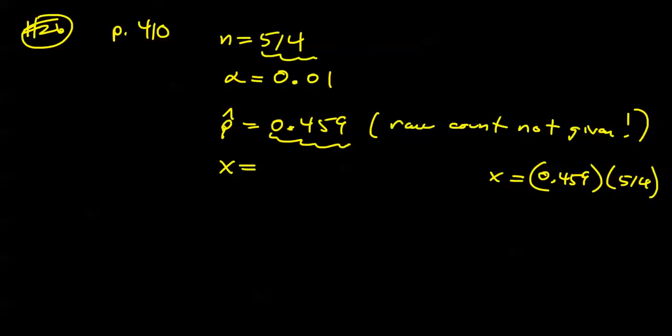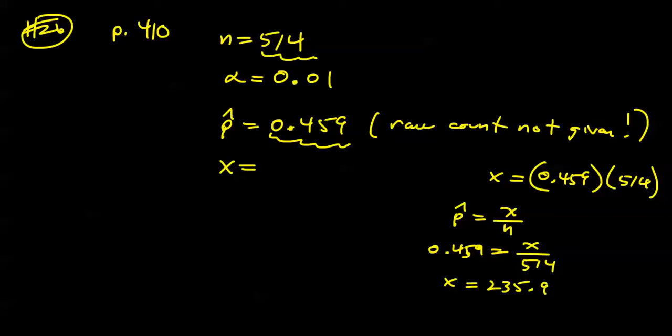Let me write that out again. Because p hat is your raw count over n, right? Well, we know p hat is 0.459, our sample proportion. X, we don't know the raw count, and n is 514. We can certainly solve this equation for x pretty easily. X will be, if I punch it out, the calculator says 235 and change.